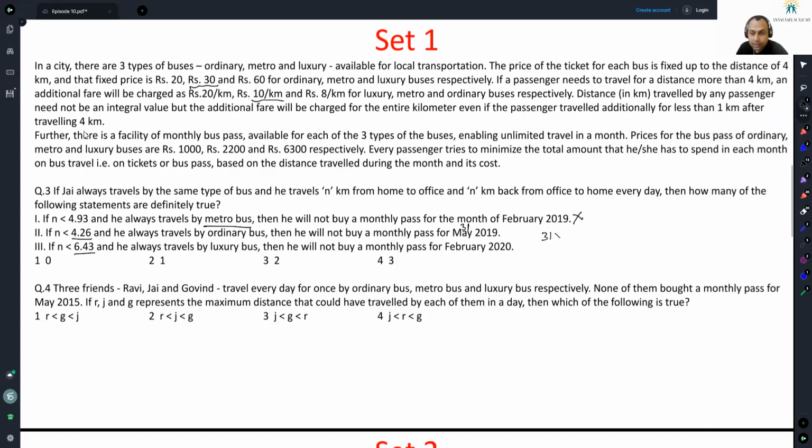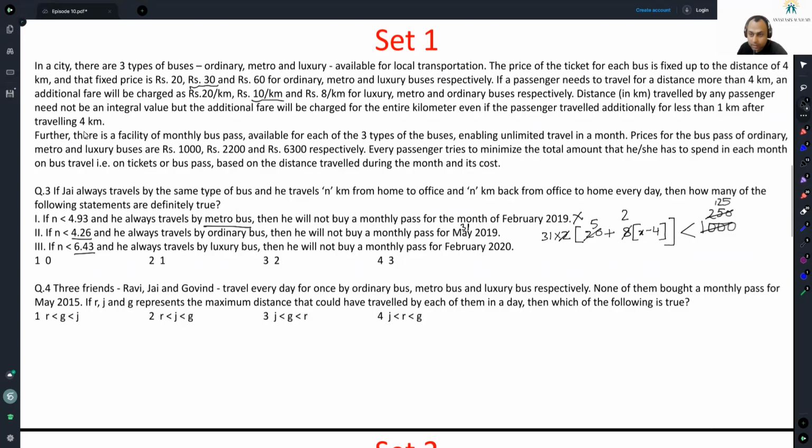So 31 into 2, ordinary bus charges are 20 plus 8 into x minus 4. This whole thing has to be less than 1000. Okay, so this turns to 5, this turns to 2, this turns to 250. This turns to 125.